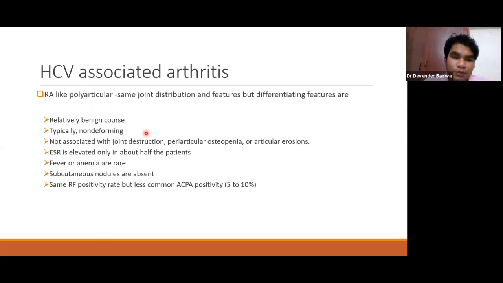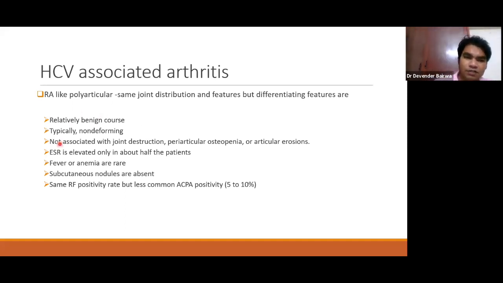RF positivity can be the same. RF positivity in RA is 40 to 70%, and in that same 40 to 70% range hepatitis C can also have RF positivity. RF is relatively less specific for RA. But ACPA is more specific for RA, so ACPA positivity is less in HCV associated arthritis.